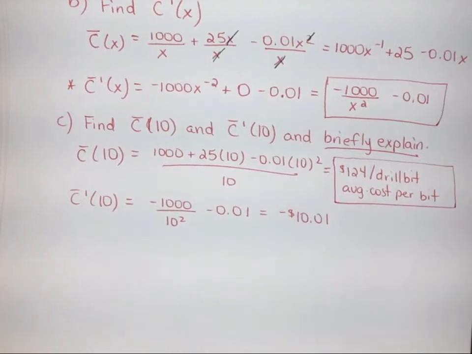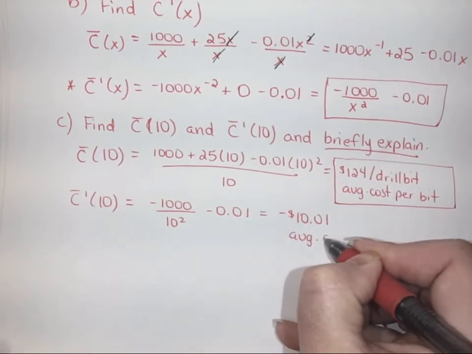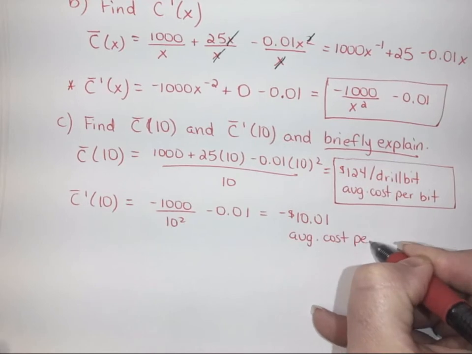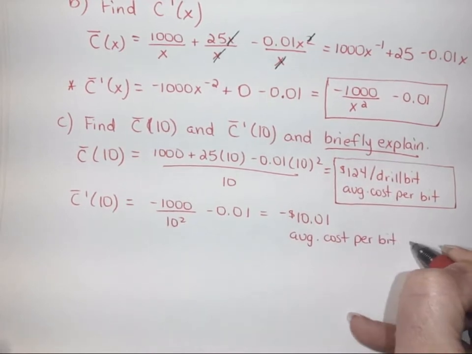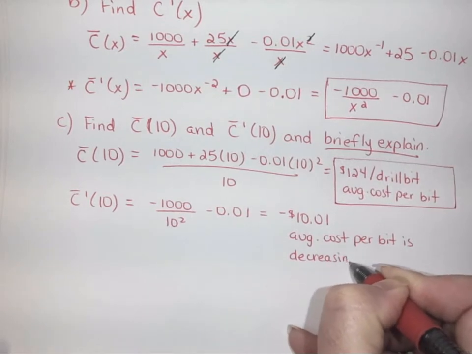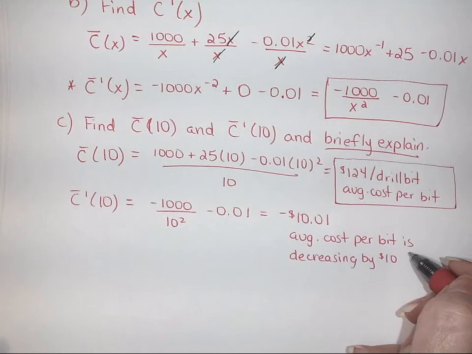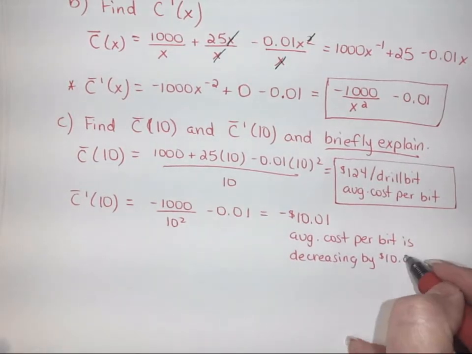Now a negative cost wouldn't make sense, but a negative rate of change for average cost makes complete sense, right? What this tells us is that the average cost per bit is not increasing, right? Because the slope is negative, it's actually decreasing by $10 and 1 cent per bit.